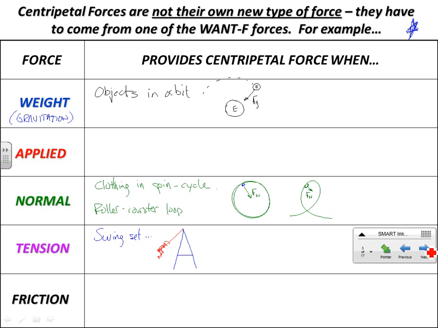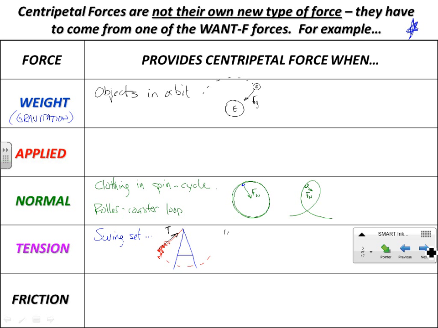Swinging back and forth like this, you're not going to go in a full circle, but that is part of a circular path. So someone swinging on a swing set, the tension force provided by the chain is right there. I hear some of you saying, isn't that a normal force? Sure. Normal force acts on the person, tension acts on the seat. So you kind of have a couple of options here.